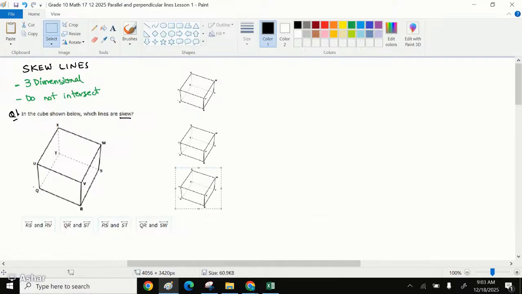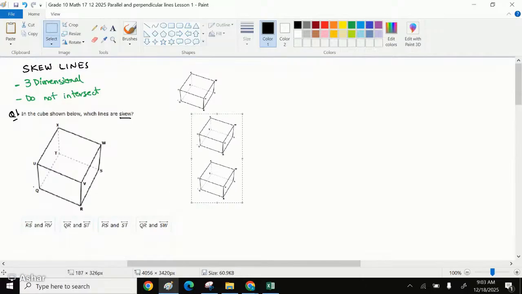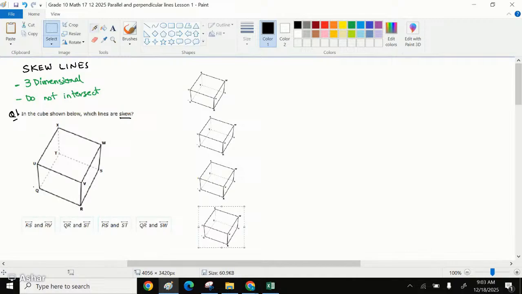The 3rd and 4th options would be this. Sorry, let's put it over here. This is the same diagram as the previous one. I just made a smaller version over here. We can see the labelings. I want to see if RS and RV are skew or not.